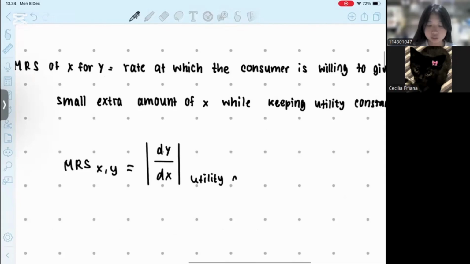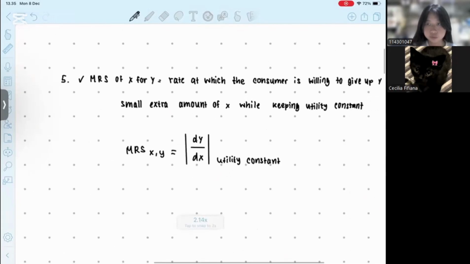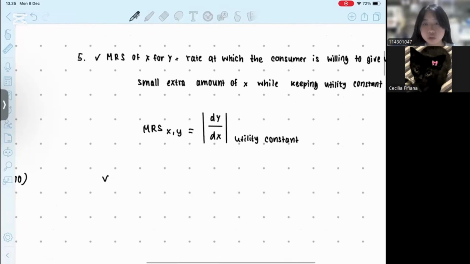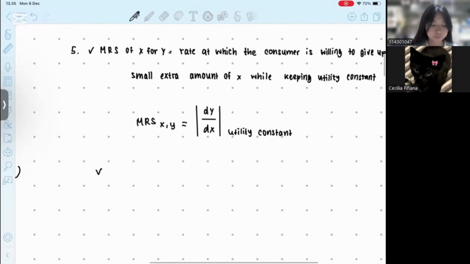For the next question, use the total differential to show why MRS equals the ratio of marginal utilities. Because the utility function is u(x,y), if you change x by a tiny bit, it will be dx.